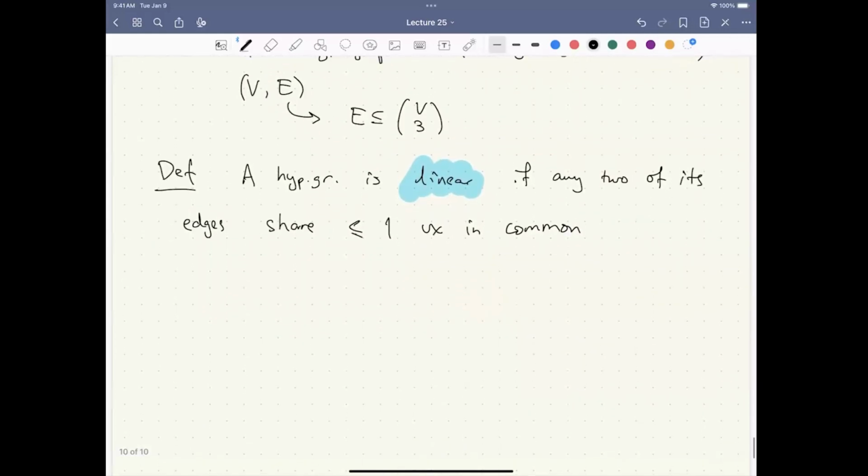Here's an example. This hypergraph, 5 vertices, 2 edges, is linear, whereas this is not linear.